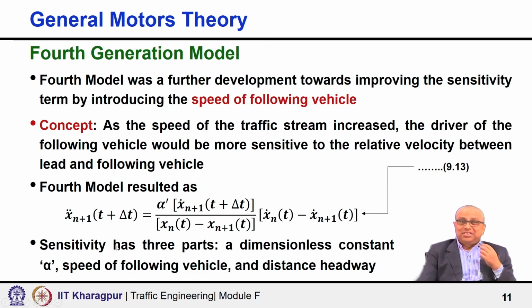So, now the sensitivity has three parts: alpha dash, a dimensionless constant, then x dot n plus 1 t plus delta t, the speed of the following vehicle, and third, x n t minus x n plus 1 t, the distance headway. Three terms are there, right. So, the sensitivity depends on a constant, the speed of the following vehicle and the spacing between the lead vehicle and the following vehicle.